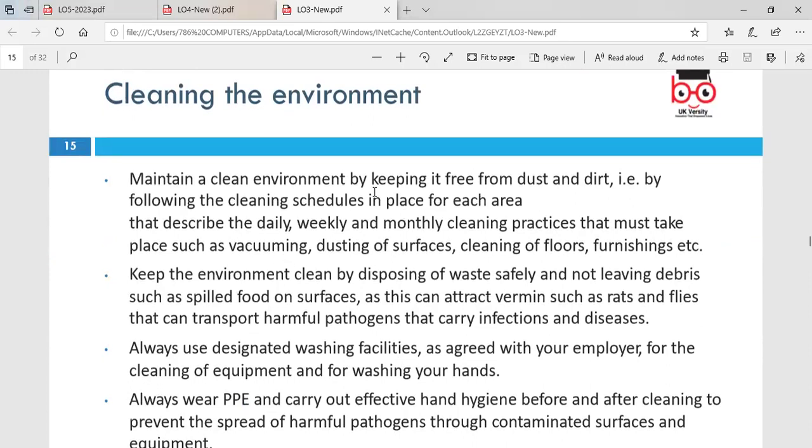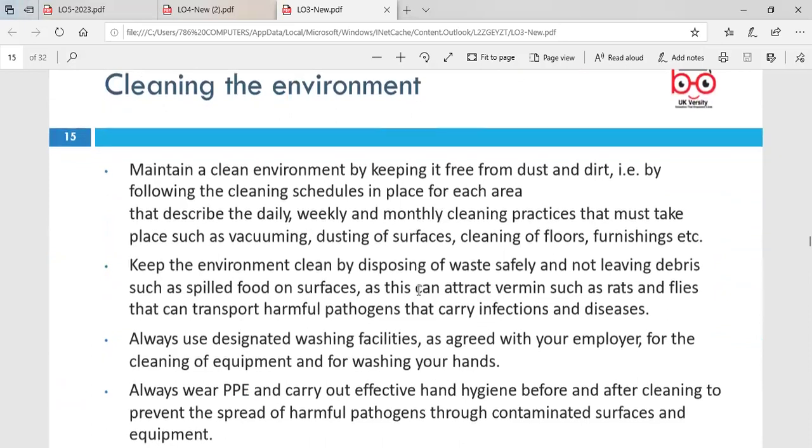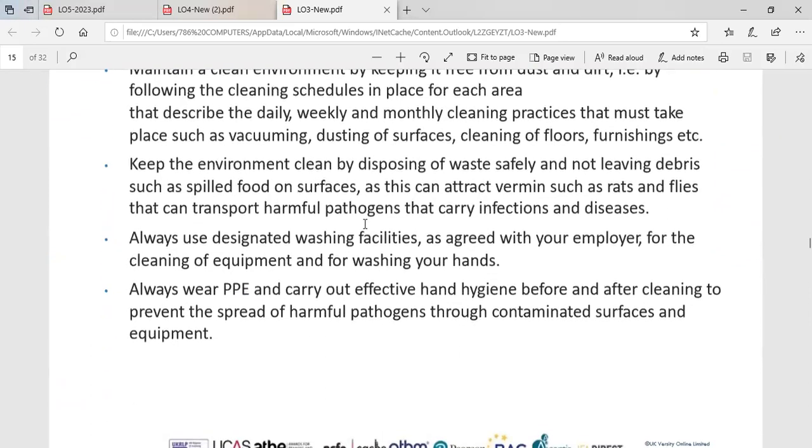Cleaning the environment: surfaces should be cleaned, washed, and vacuumed regularly. Cleaning of floors and furnishings should be done on a regular basis. Keep the environment clean by disposing of waste safely, not leaving debris spilled over on surfaces. You can have rats and flies that could carry harmful pathogens from one place to another.